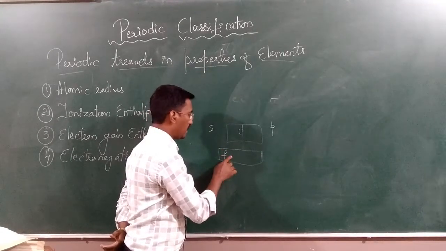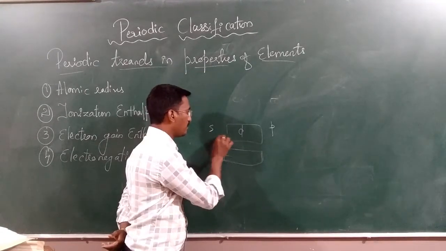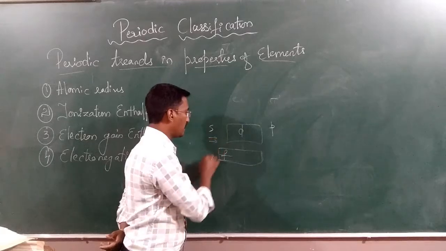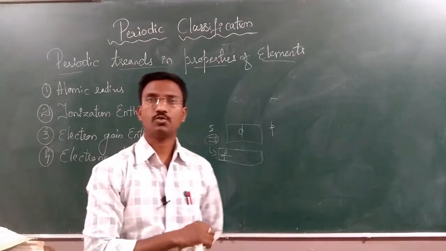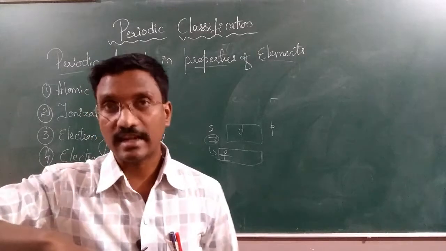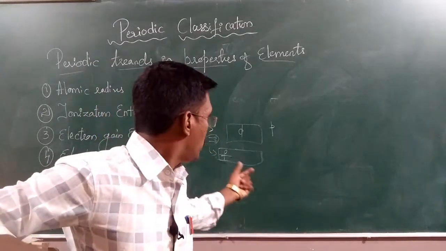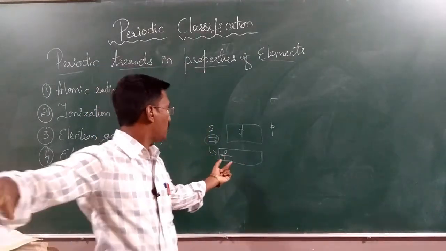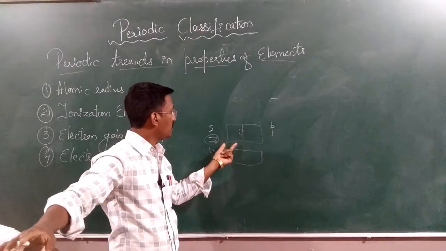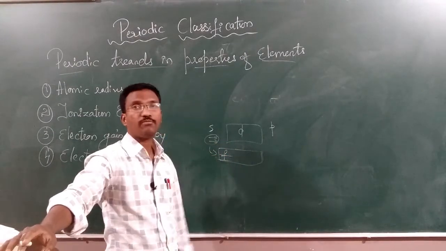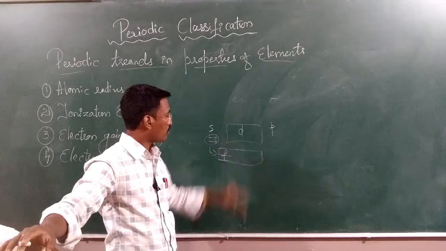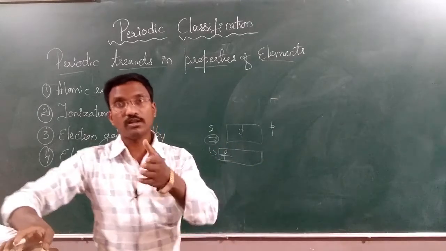No doubt, lanthanides and actinides are the elements of the 6th and 7th periods only. Why have they been kept separately? In high school we learned that the reason is the space: a large space is required to place them here. For that reason, to reduce the space, we keep the F block elements below the modern periodic table. This is what you learned in high school.